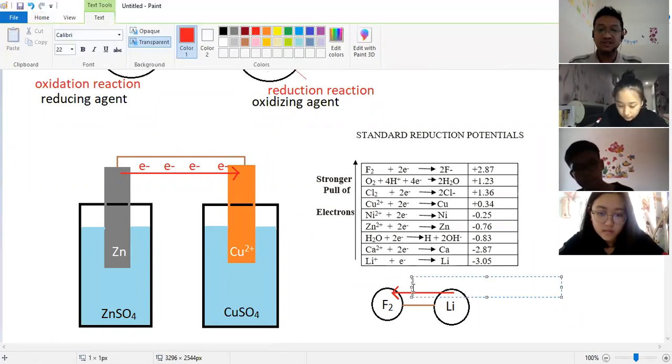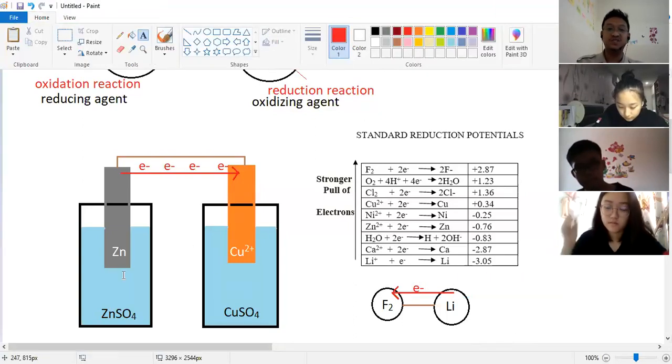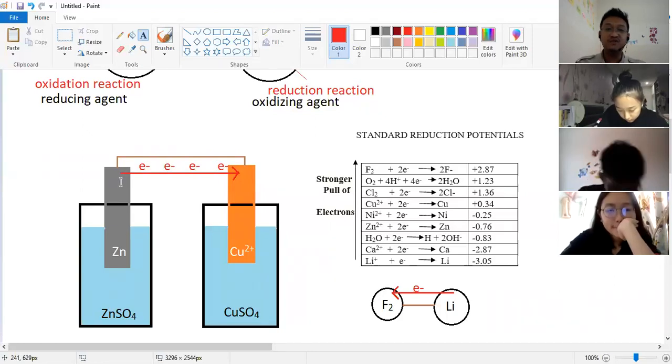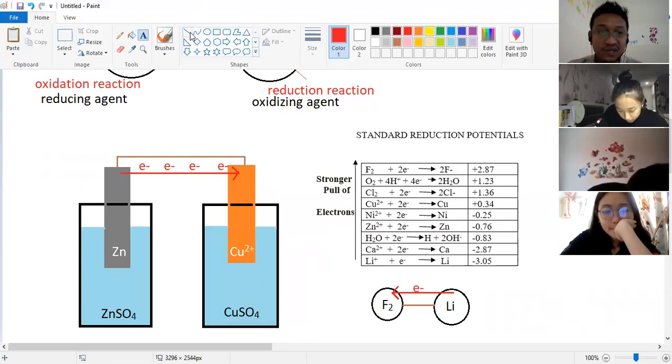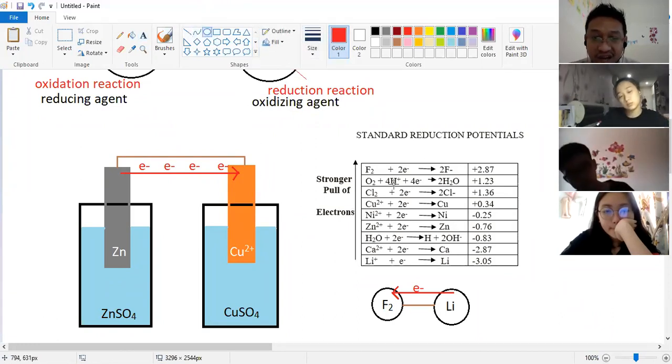Okay, and let's correlate this with our given setup a while ago, which is the materials zinc and copper. Now we expect that the electrons will flow from zinc to copper, because take a look at the table. As you can see, this is our copper. I will mark it so you can easily see, and this is zinc.